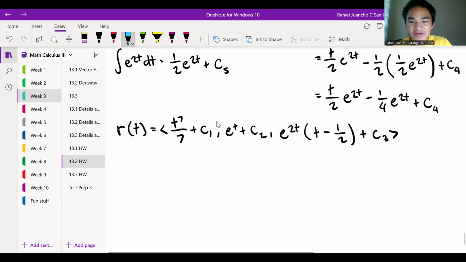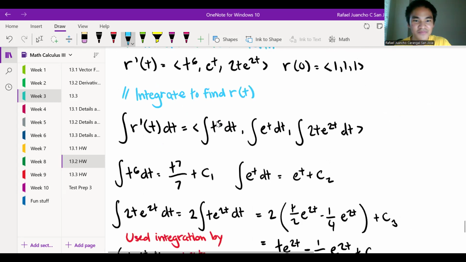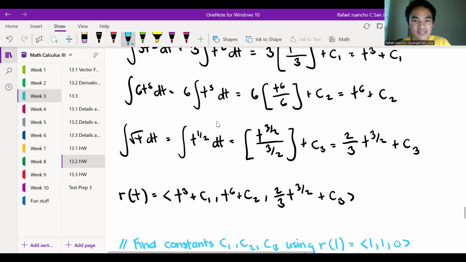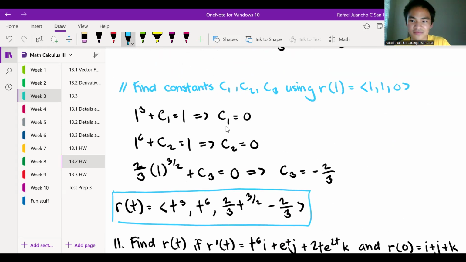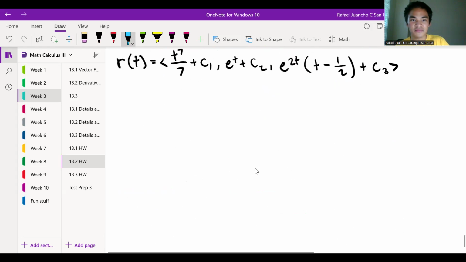Phew. Okay, so now we've found that. Next thing we want to do is find the constants C1, C2, C3. And we want to use that information that we got. So again, we want to find constants, and here we named them C1, C2, and C3 using what we're given.